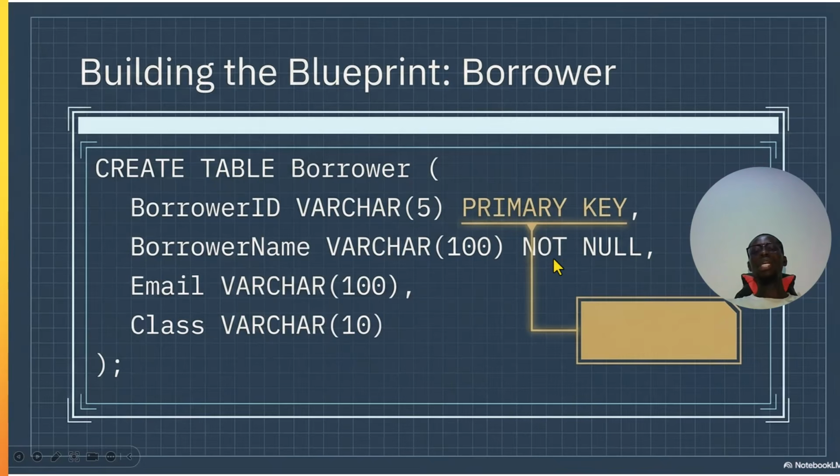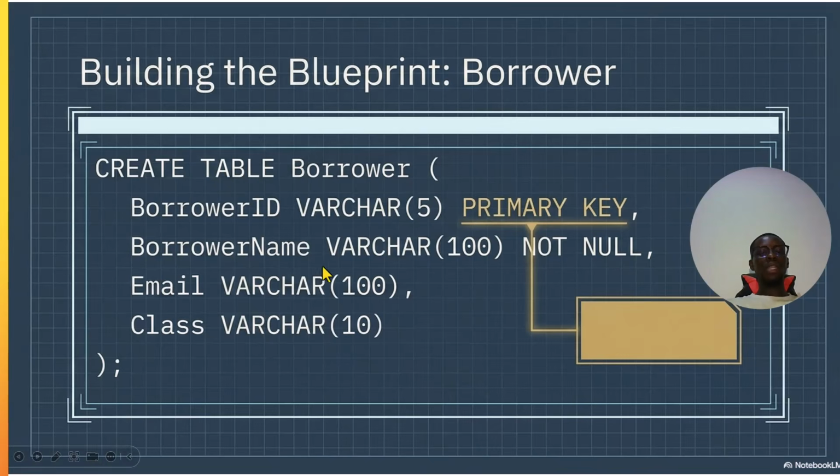You cannot tell me that the one who is coming to borrow money doesn't have a name. It doesn't happen. So we say NOT NULL. This NOT NULL, we call it a constraint. So this is part of the rules that is governing the construction of a relational database table, as it was introduced by Codd.